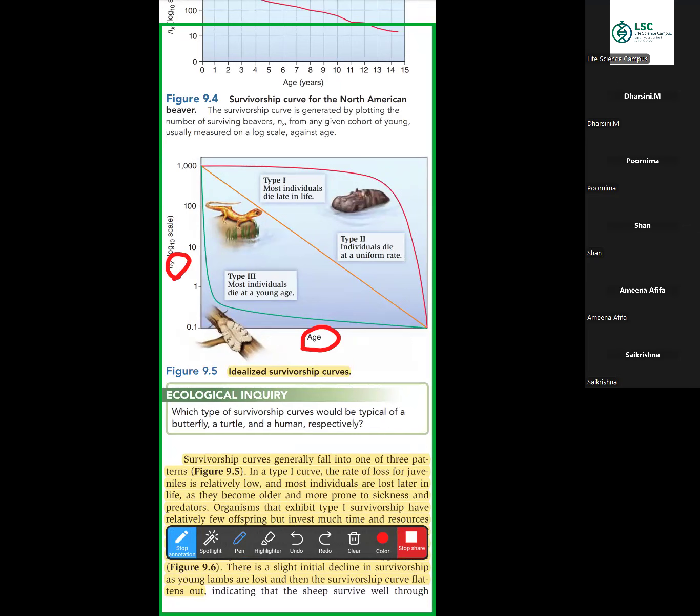This portion of the graph indicates juvenile individuals, this portion indicates reproductive individuals, and this portion indicates post-reproductive individuals, that is, aged ones.